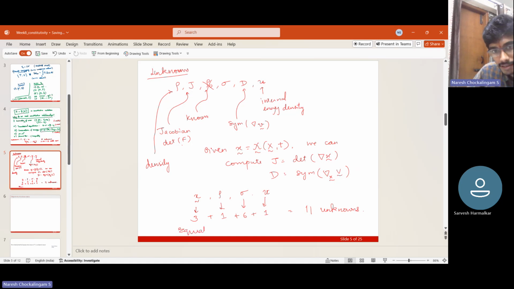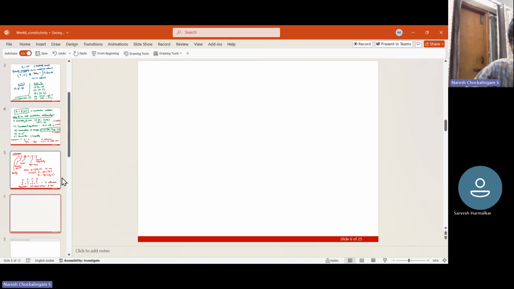One is conservation of mass, conservation of linear momentum, which is like 3 equations, and we have the first law. So we have about 5 scalar equations. So we need 11 minus 5, 6 additional equations.